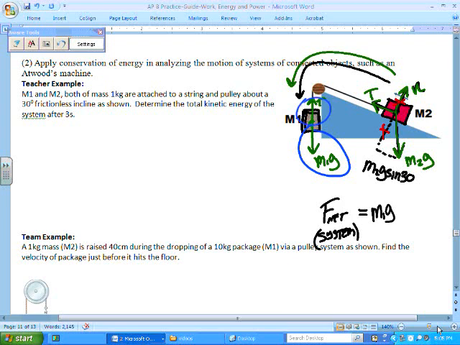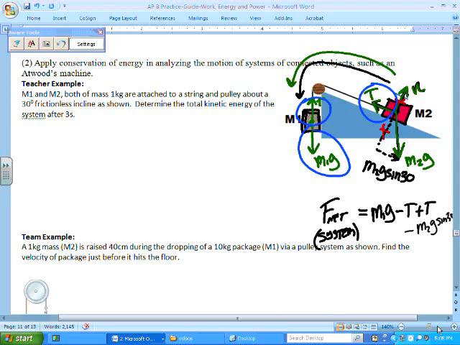I'm going to subtract it, but then I keep going around the horn and I find tension is also a positive vector, so plus T, so they're going to cancel, and then the direction of this component is counterclockwise, so I'm going to have to subtract M2G sine of 30. Running out of room there.